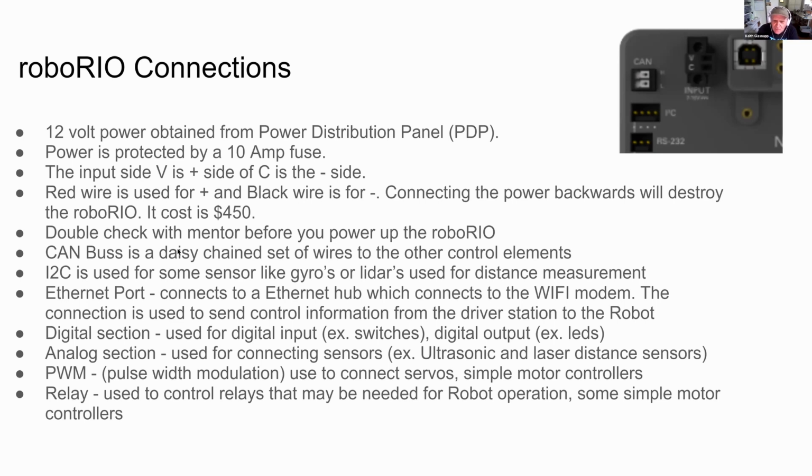The CAN bus here, I don't know if you can see my cursor, but the CAN bus essentially is a two-wire bus that's daisy chained to most of the other control elements that we talk about. Basically the CAN bus is used in a lot of different things.